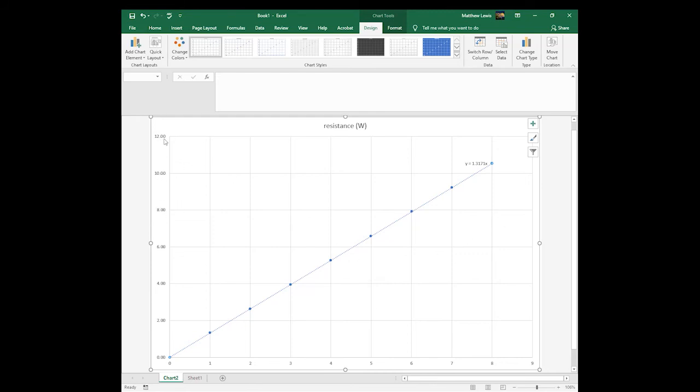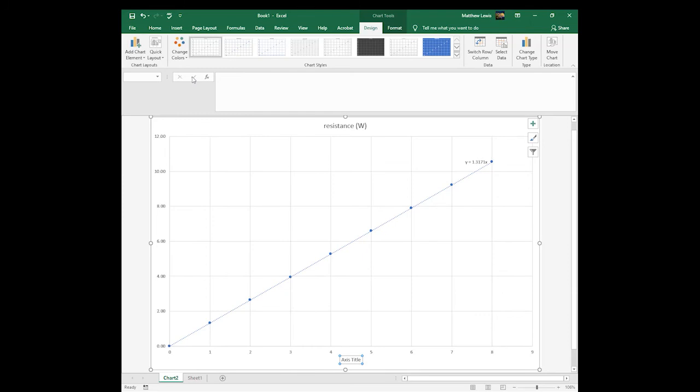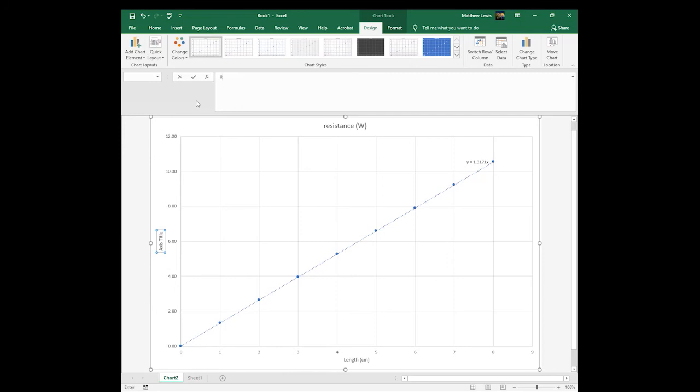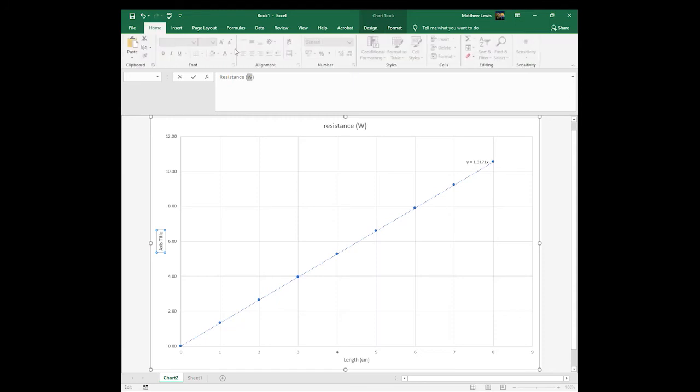If you really want to chart it up, don't forget we should have our axes labels, so let's do that. In chart elements, we want axis titles. This one is length in centimeters, and our vertical one is going to be resistance in Omega. We'll leave it with a W for now.